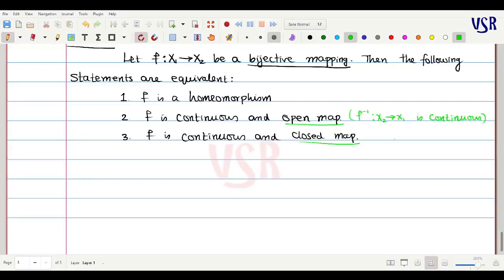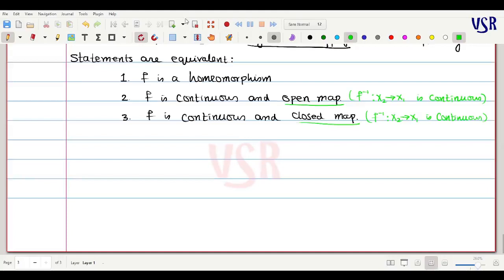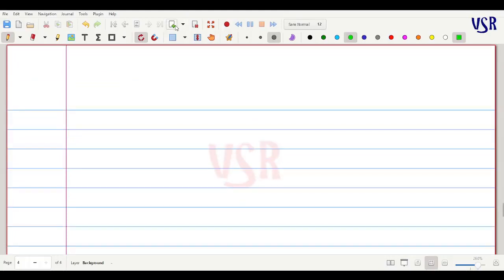So f is a homeomorphism if and only if f is continuous and open, or continuous and closed, all are the same, because open map implies that f inverse is continuous, and closed map implies that f inverse is continuous. And last class we discussed some problems.